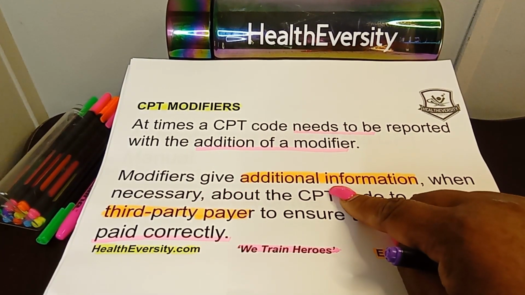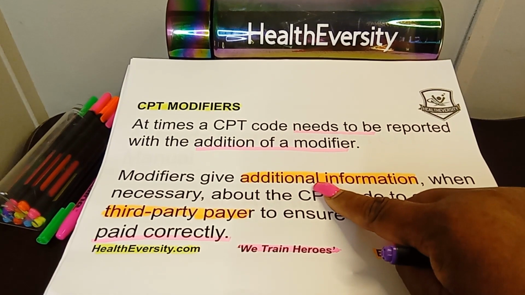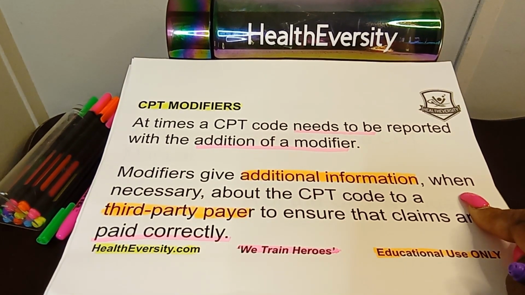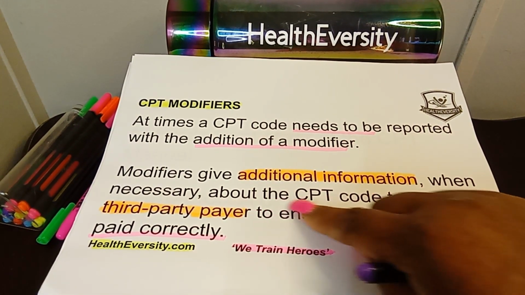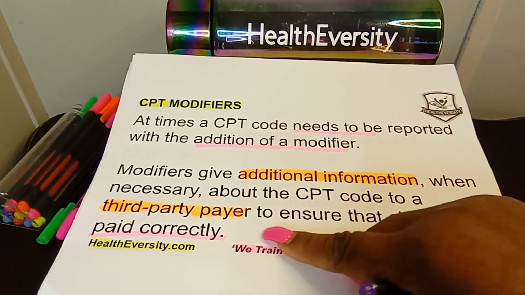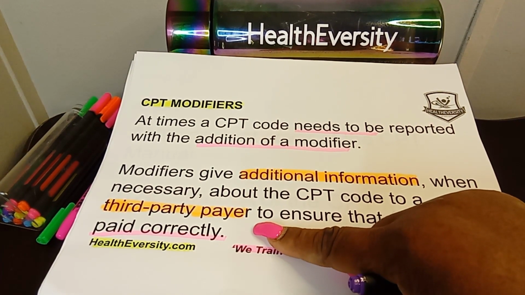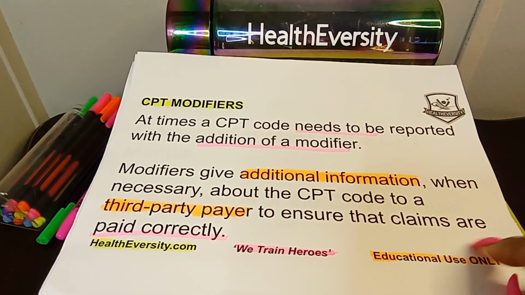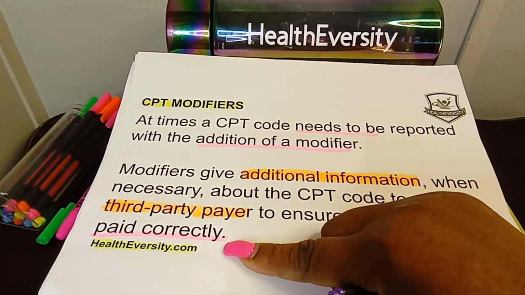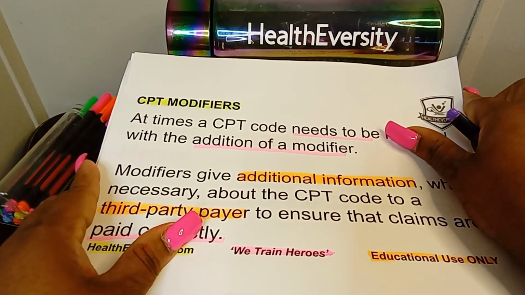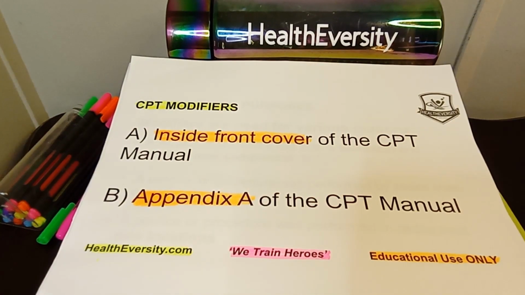Modifiers give additional, remember the term, additional information when necessary about the CPT code to a third-party payer, possibly an insurance company, to ensure that claims are paid correctly. So make sure you double check your modifiers are correct.